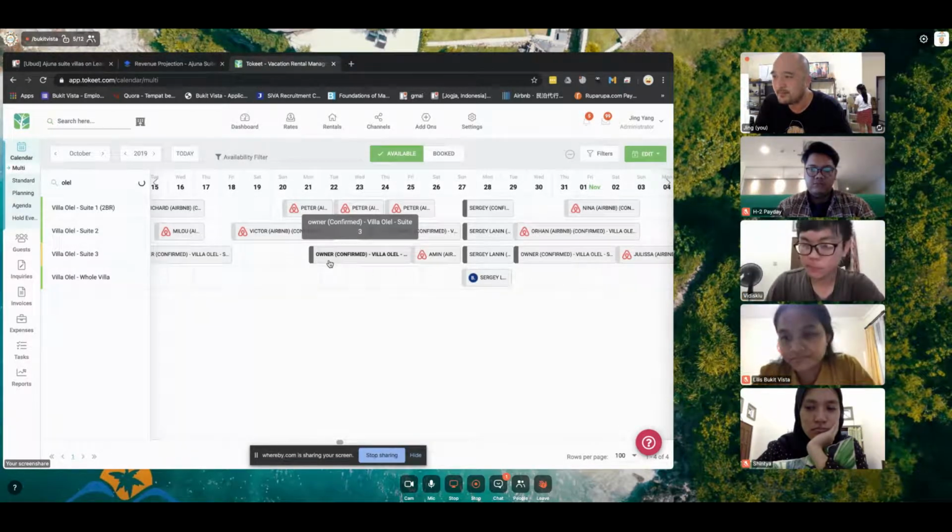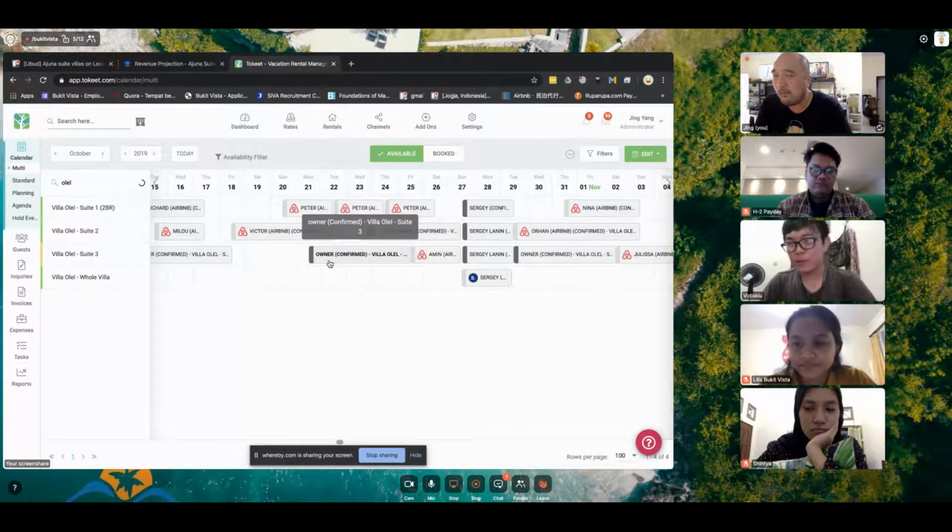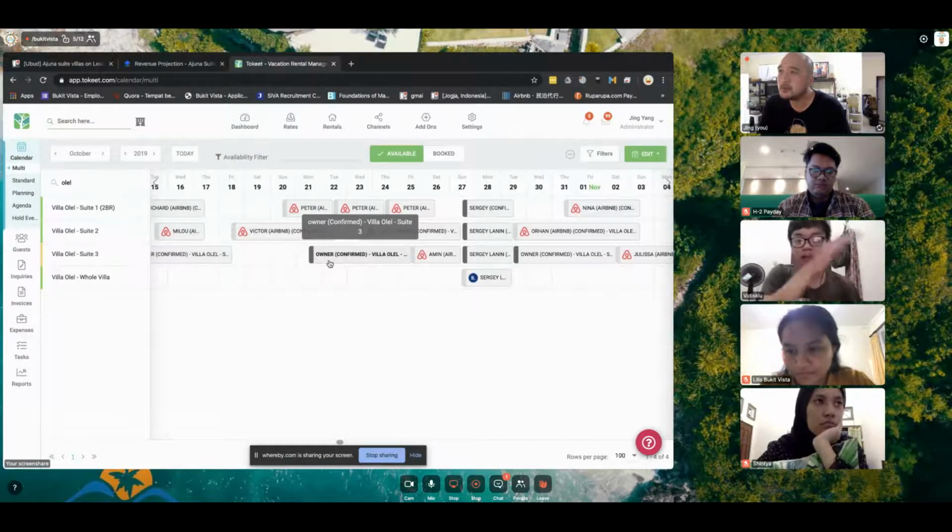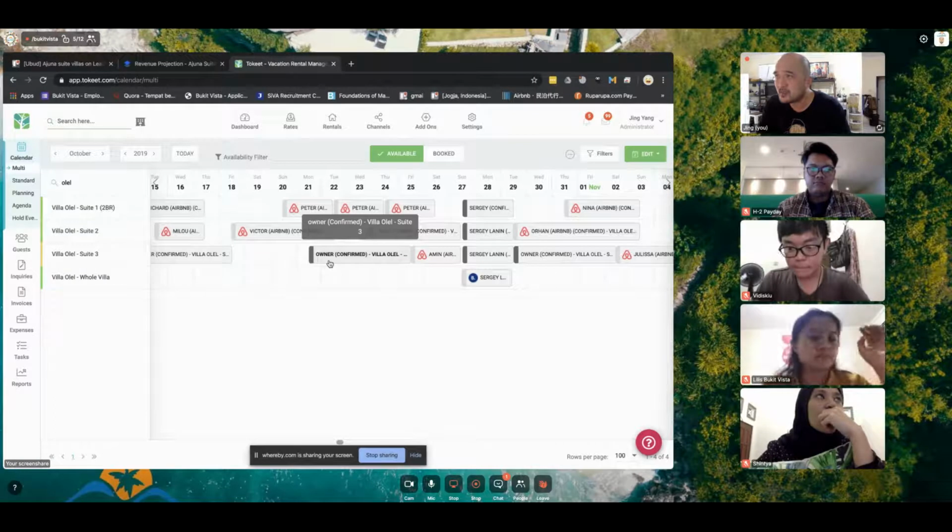Well, for me, I think for Bukit Vista itself, we consider the contamination as a resource that is not available there, basically. But then the seasonality of the market itself should also consider the bookings made by the owner, basically. Okay. All right.